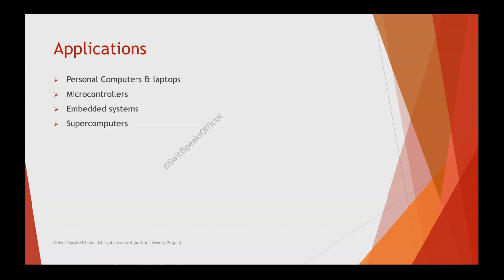To connect all these components together, we have buses. What are the main advantages of von Neumann? It is faster and it is more flexible. What is the major disadvantage? It is bottleneck. And applications are PCs, laptops, microcontrollers, embedded systems, and supercomputers.